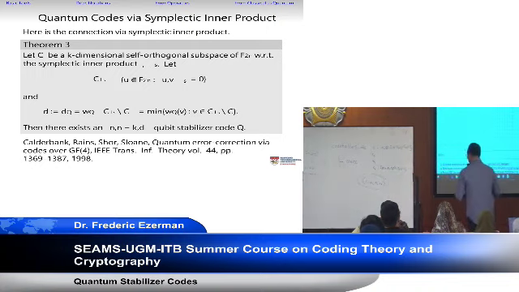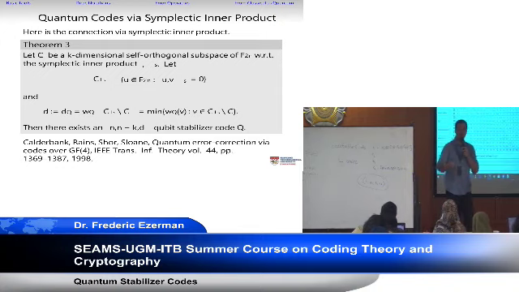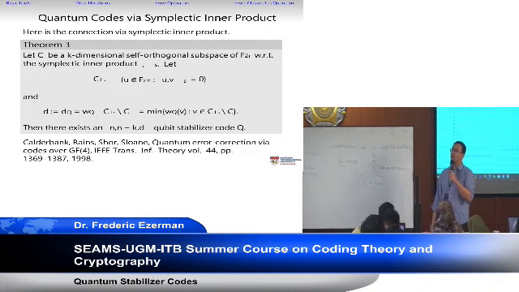As I said, the tables. This is for binary, okay? You see, there is a lot of space for improvement. In our recent ISIT work, we improved on, I think, 4 locations.